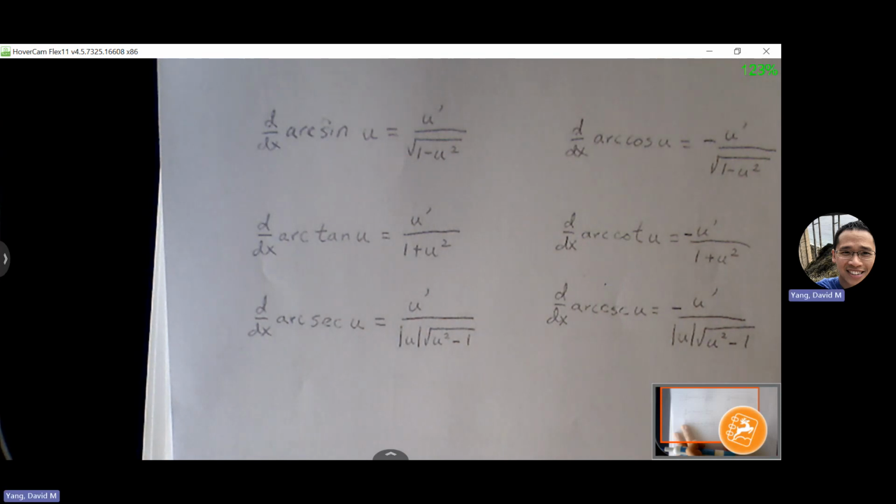Now the next one is the square root of u squared minus 1.